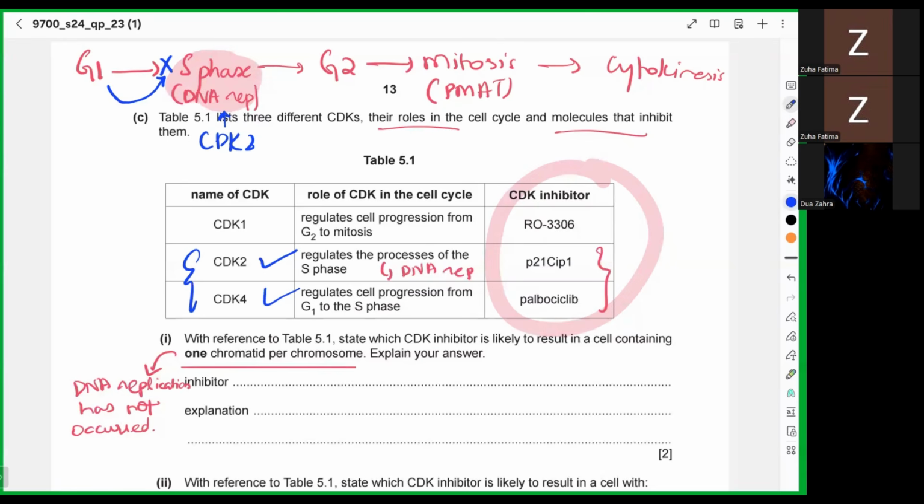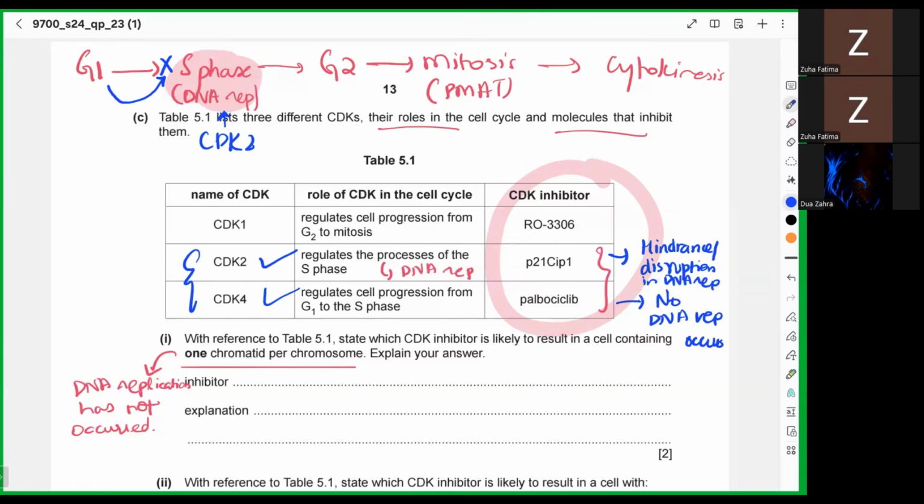In this case, no DNA replication occurs if palbociclib inhibits CDK4, and if P21 CIP1 inhibits CDK2, हमारे पास hindrance और disruption आ जाएगी in the process of DNA replication.